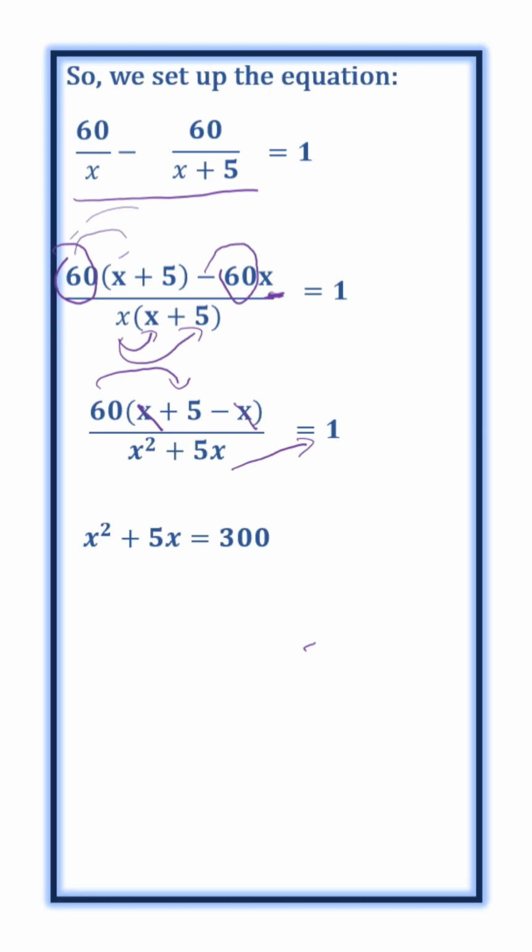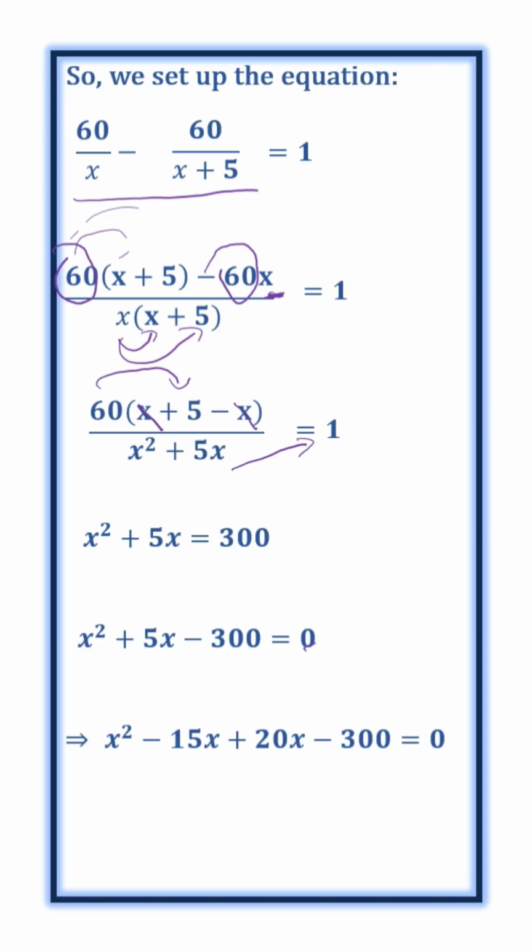Now let us write it in the standard form. x square plus 5x minus 300 is equal to 0. Now let us follow the factorization method to solve it. We have to find two numbers, isn't it? Negative of 15, positive of 20. If you add you will get positive of 5. If you multiply you will get negative of 300.